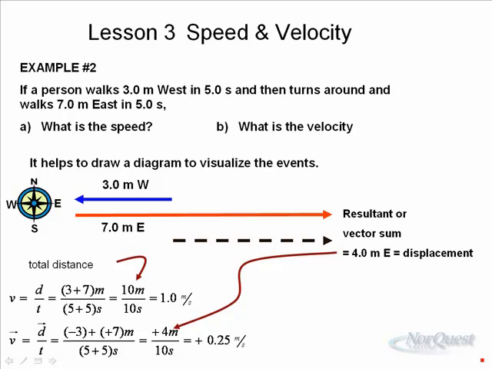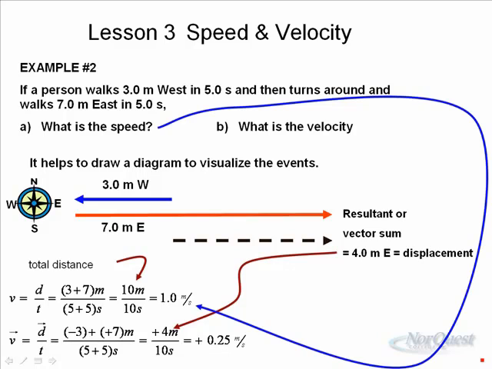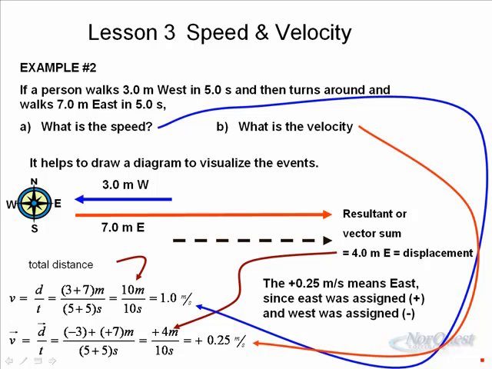To find the speed, we take distance over time. To find the velocity, we take displacement over time. And of course, as I mentioned, the positive means east because we arbitrarily assigned east as a positive and west as a negative.